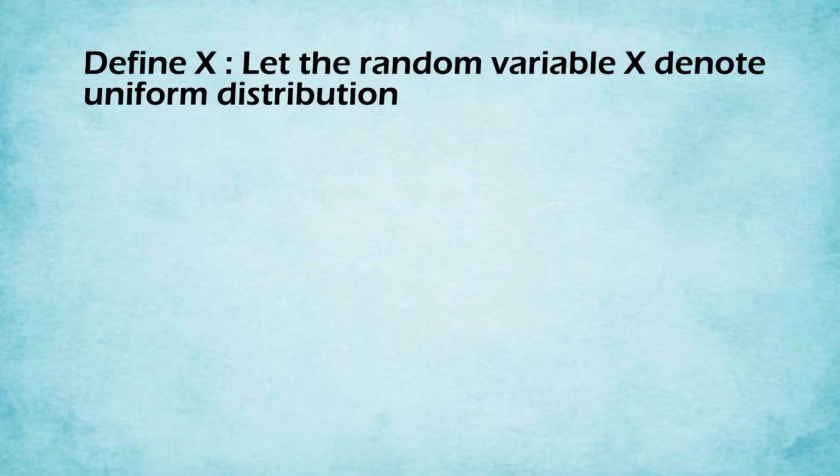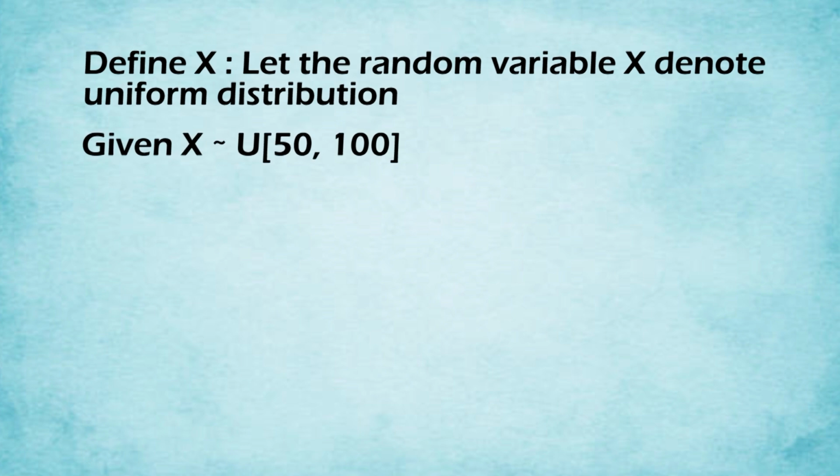If x is a uniform variate with the parameters 50 and 100, find the mean, median and standard deviation. Define x as the random variable from the uniform distribution. From the given information, we have x follows uniform with parameters 50, 100.